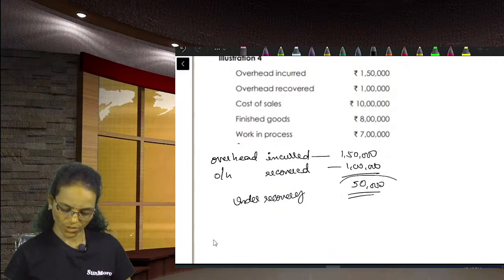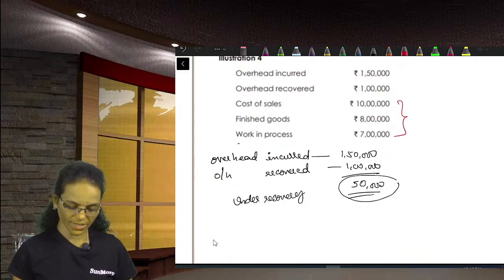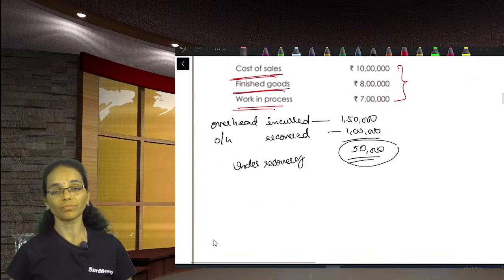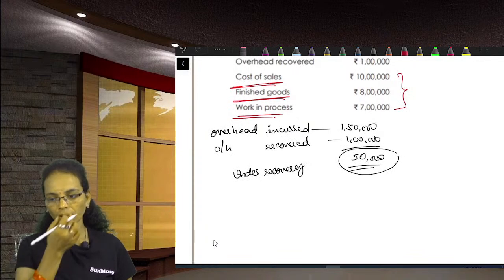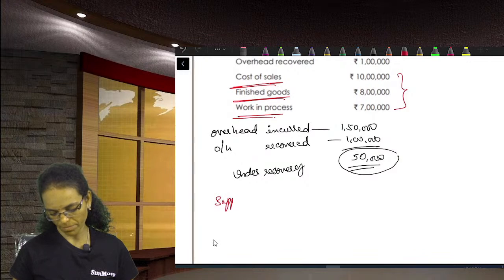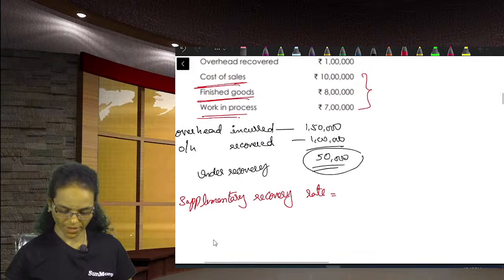This 50,000 rupees should be recovered from these three: cost of sales, finished goods and work in progress. We will calculate it as per the supplementary recovery rate.